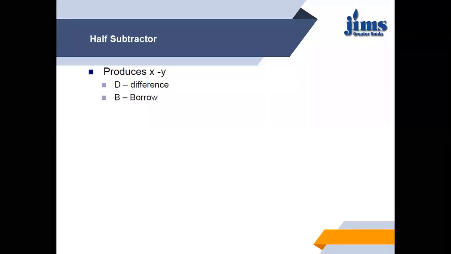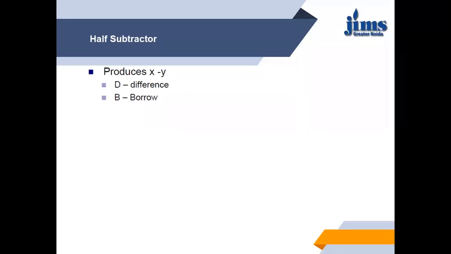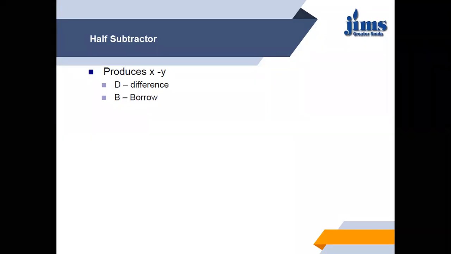Now the difference is the case when we subtract 1 minus 0, then the difference will be 1. 0 minus 0, difference will be 0. 1 minus 1, difference will be 0. But when we subtract 1 from 0, 0 minus 1, it is not possible, and in that case we have to take a borrow when we are subtracting 1 from the 0.